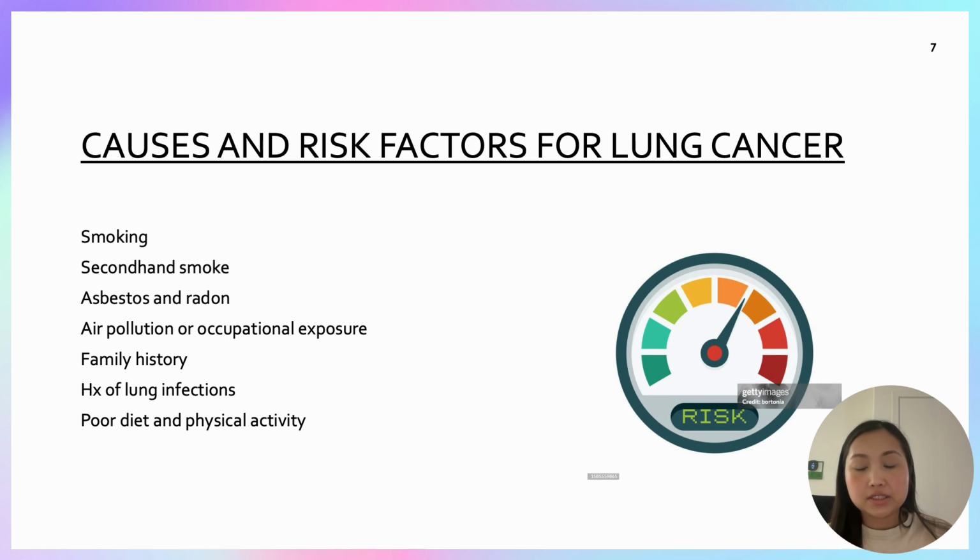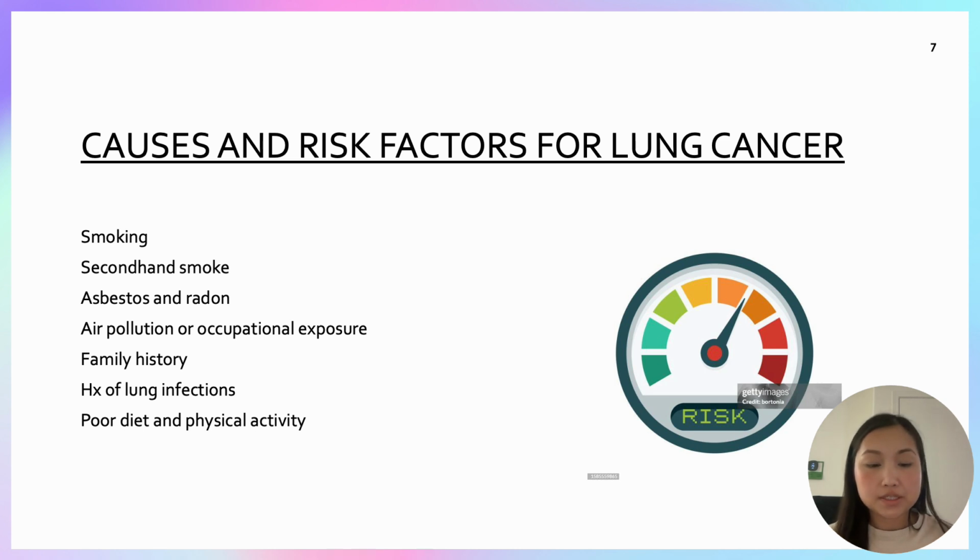Occupational risk factors, jobs in mining, welding, painting, or construction can put someone at risk, and exposure to radiation or chemical carcinogens. And African American men have a higher incidence than white men for developing lung cancer, and also pre-existing lung diseases such as COPD and pulmonary fibrosis can put someone at risk.